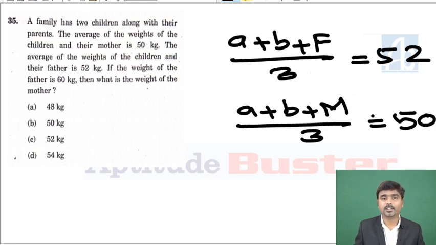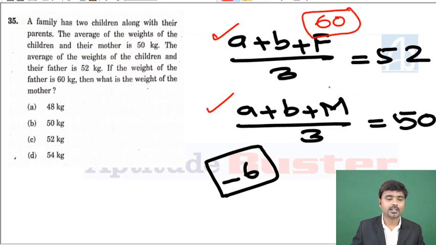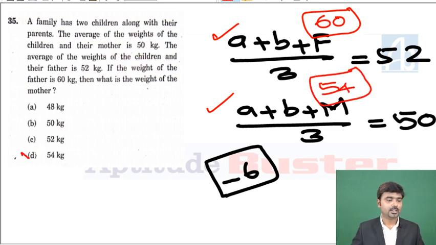That means total will be decreased by 6. That means the difference between these two equations should be 6. Already we know father's weight is 60, so mother's weight should be 6 less than 60. The mother's weight should be 54. Answer for this question is 54.